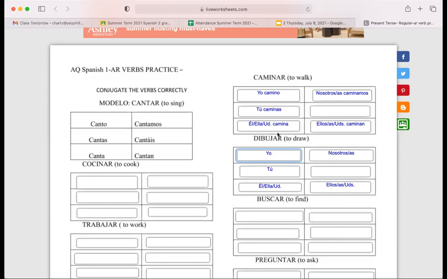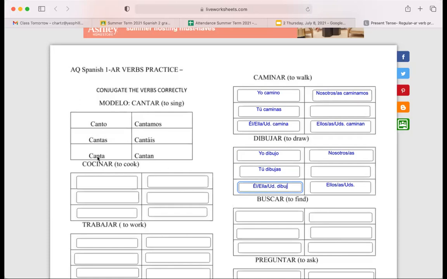So our next verb here is dibujar, which is to draw. So we're going to take that AR off, and then we're going to be left with our stem. So what do we add to the end in the yo form? O. Yep. So yo dibujo is I draw. So we have that stem again. What do we add in the tú form? AS. Yep. So tú dibujas is you draw.